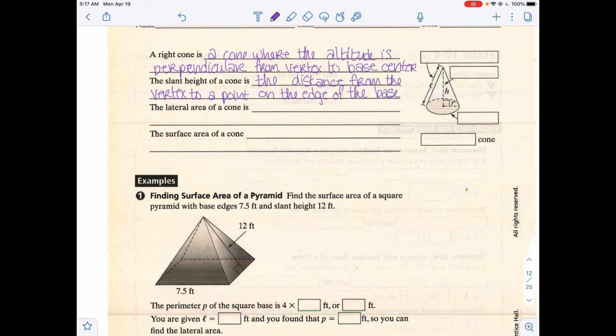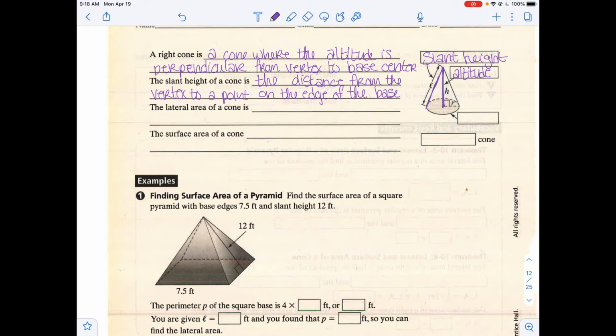So here where it goes from the vertex down to the bottom edge of the base, that would be slant height. Okay, this line where it goes from the vertex down to the center of the base here, that is the altitude.